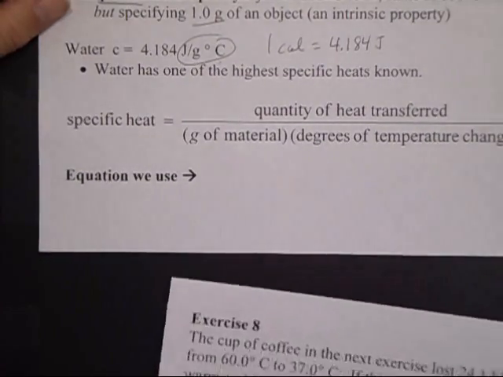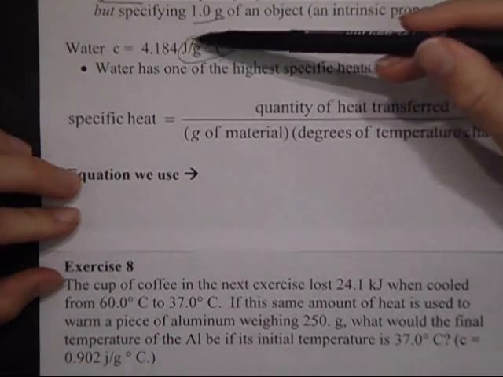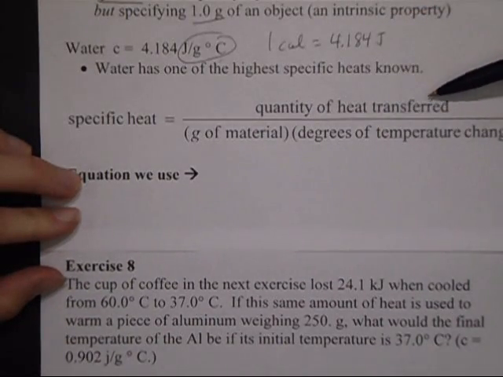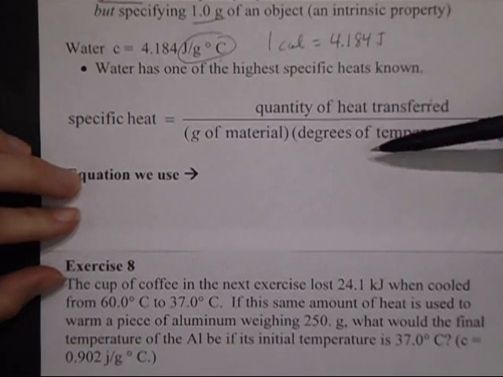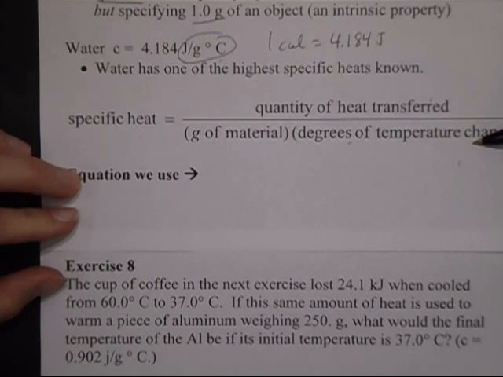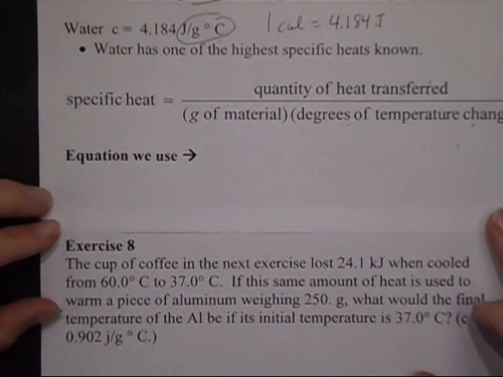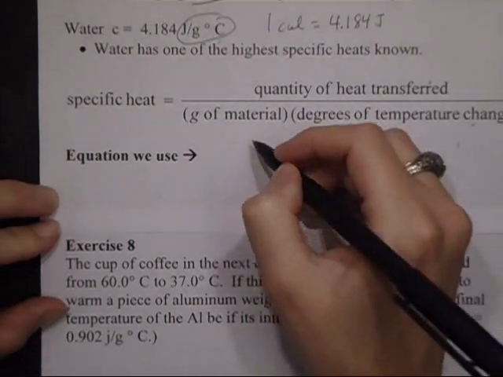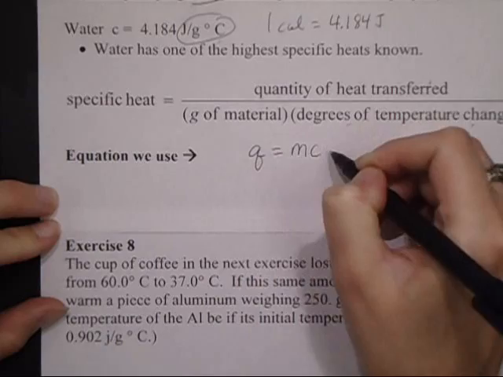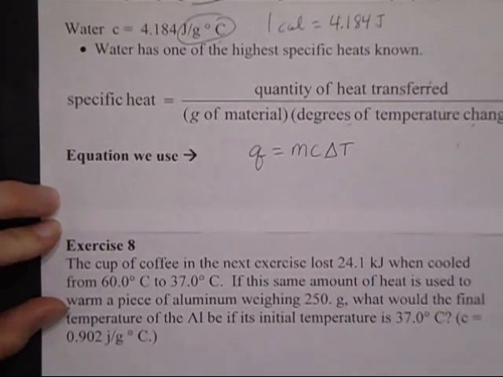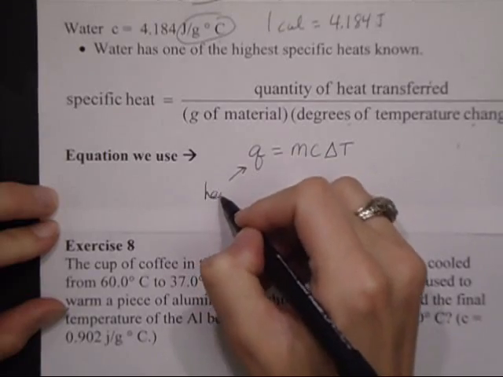All right, the specific heat is essentially, if you just look at the units for it, joules, quantity of heat transferred, grams, amount of material, and then degree C, amount of temperature change. And that's equal to the specific heat. The equation we generally use simply rearranges it, and we say Q equals MC delta T. This is our heat.